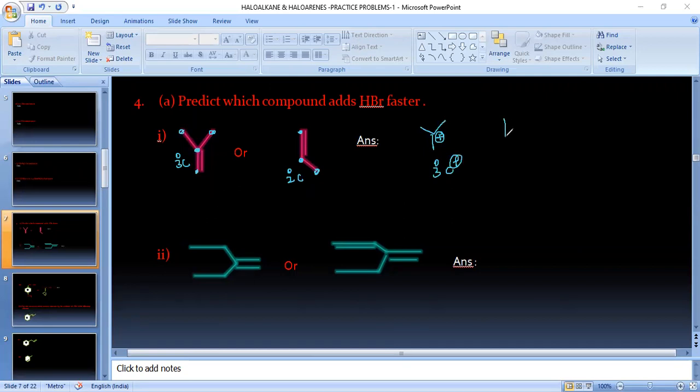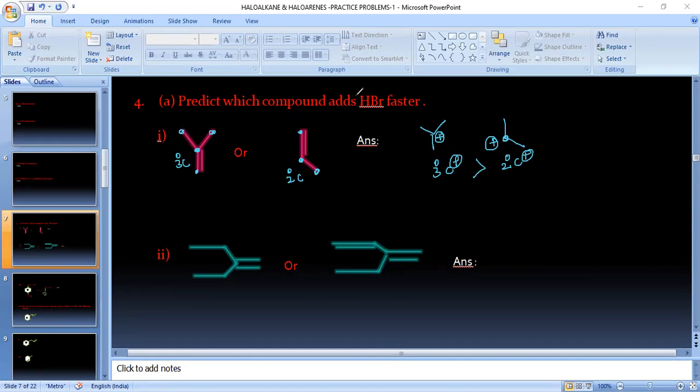What about here? This is secondary carbocation. Which one is the more stable? Yes, this one, tertiary carbocation. So that means that simply to say that the more stable a carbocation is, the more easily it is formed. Hence, the faster will be the reaction.